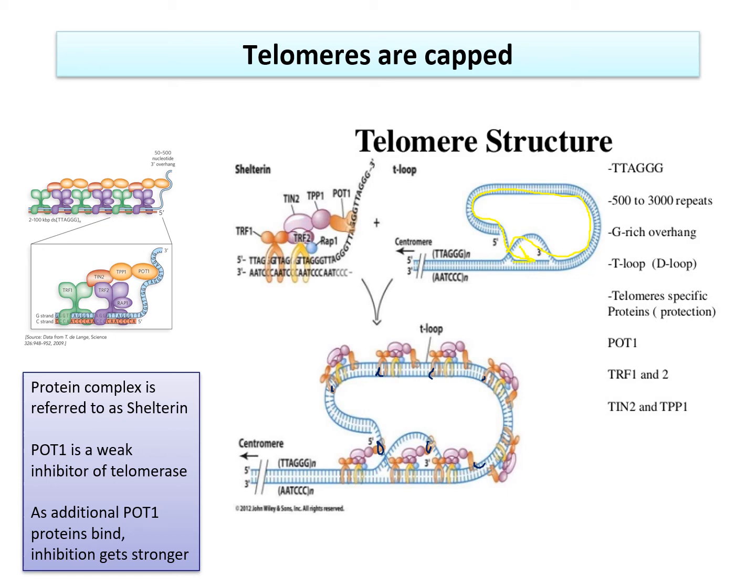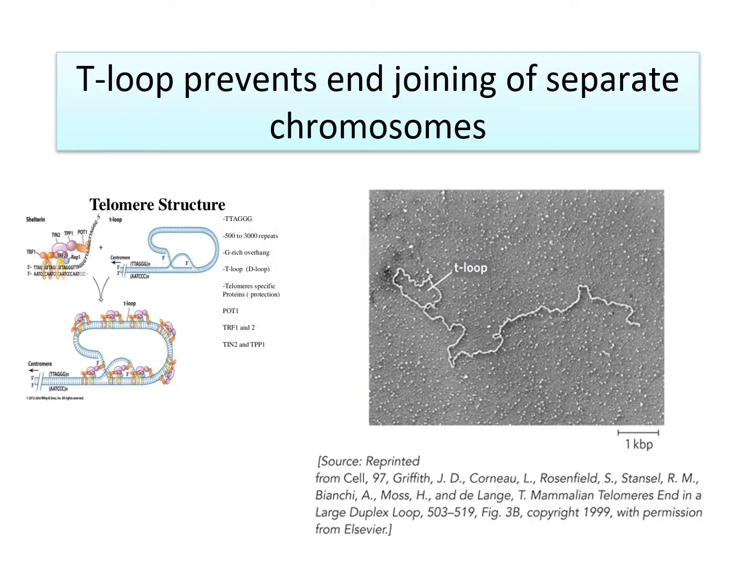I just think that's so neat. It's almost making a little knot at the end of the chromosome. This structure is also referred to as a T-loop, as we'll see in the next slide. So you can see here, this is actually EM now.